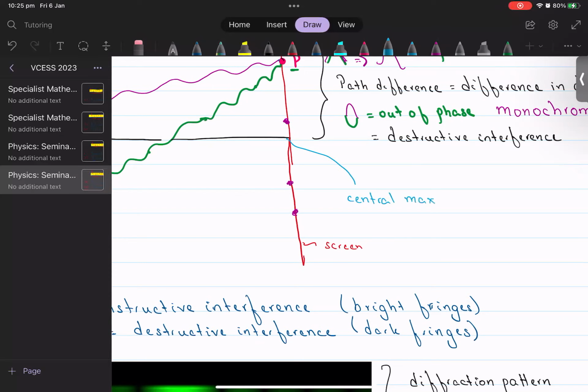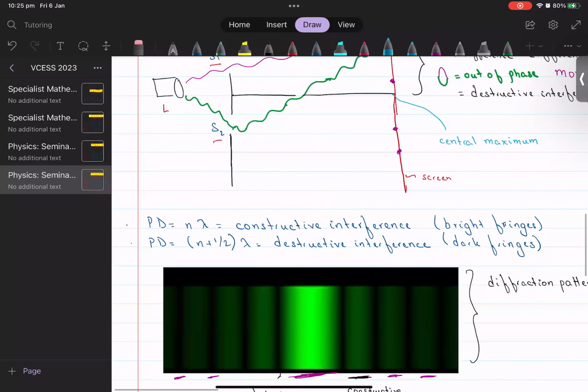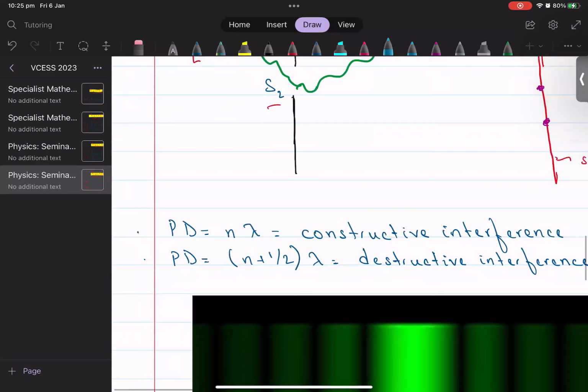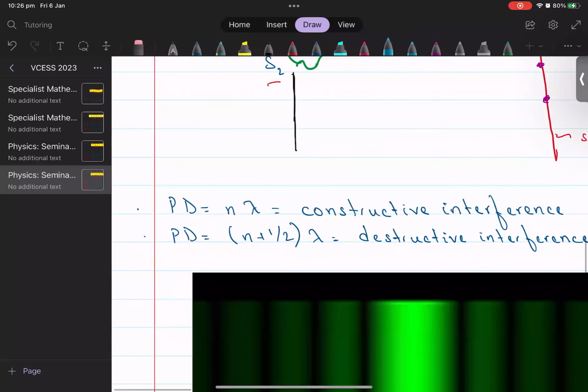What we know is that the path difference is going to be an integer multiple of the wavelength wherever constructive interference happens. So whenever constructive interference happens, the path difference between the purple and the green is going to be an integer multiple of the wavelength.